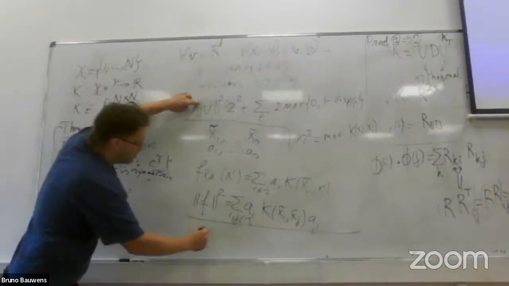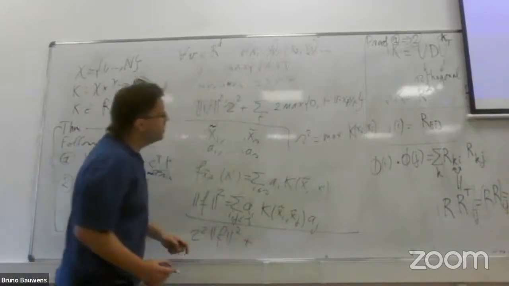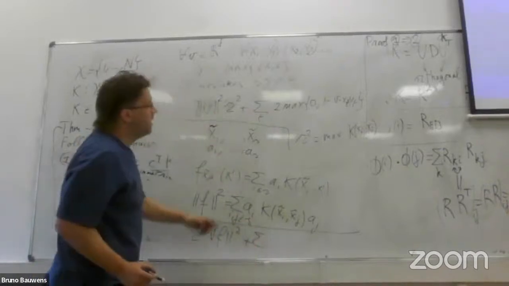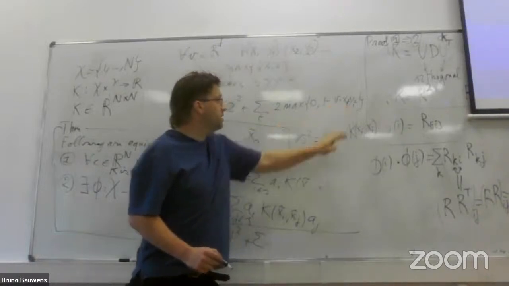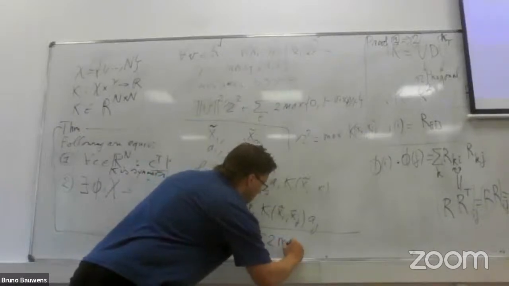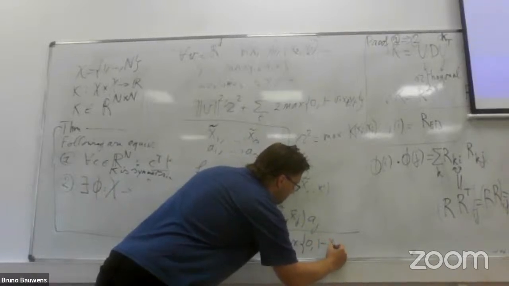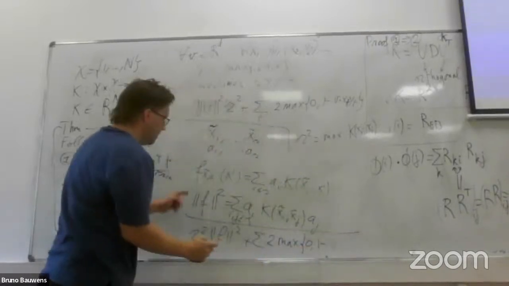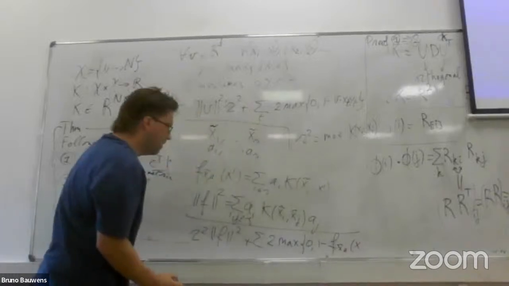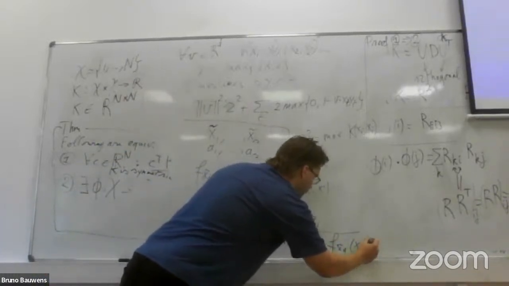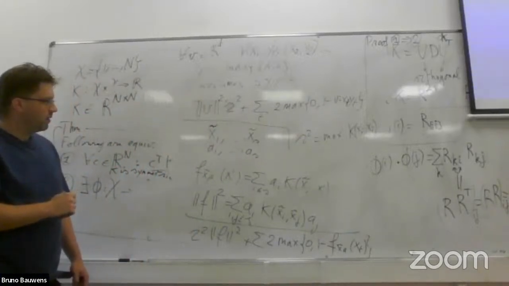So the norm of V squared becomes the norm of F squared. Okay, I'm explaining it a bit fast. And then we have the sum, which has a simple form: the maximum of 0 and 1 minus y_t F(x_t).